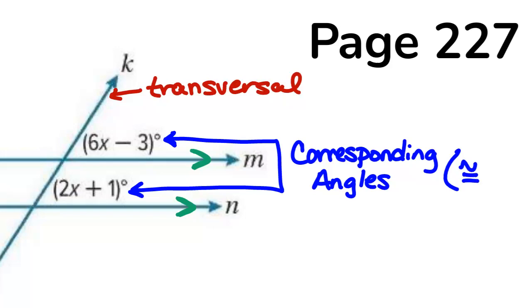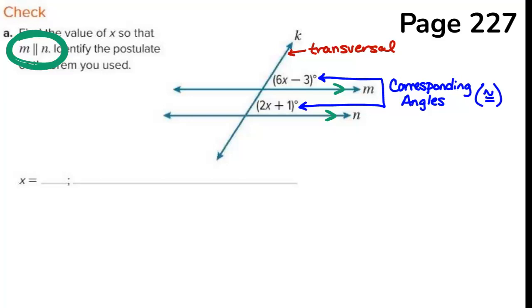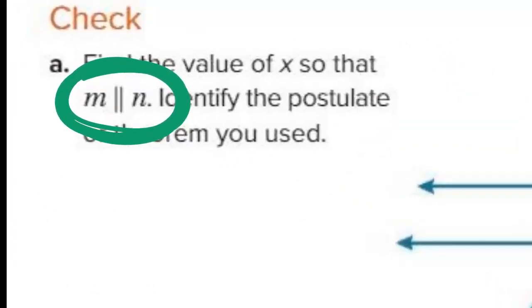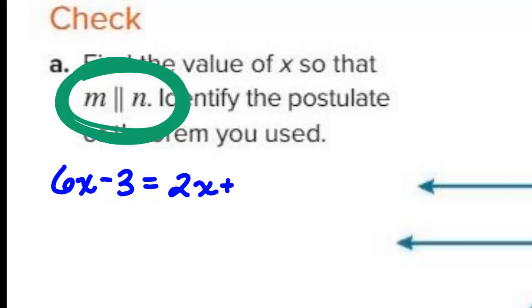Well, if those angles are congruent, then what does that mean about their measurements? They are equal. They are the same. So since the measurements are equal, I take 6x minus 3 and set it equal to 2x plus 1.